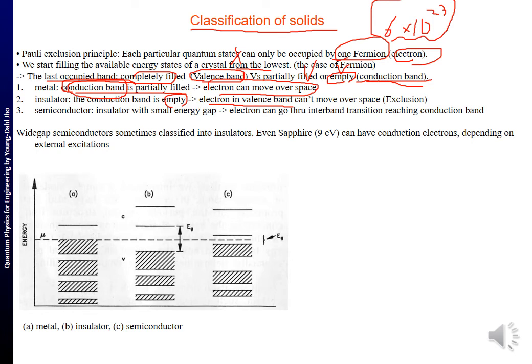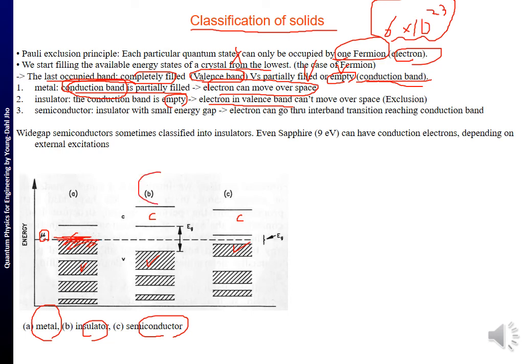Actually, if you see these band structures for metal, insulator, and semiconductor, these are valence bands and these are conduction bands. In the case of metal, this is the Fermi energy. The band is half filled, and the electrons around the Fermi energy can move freely.